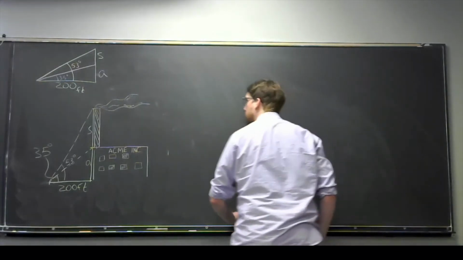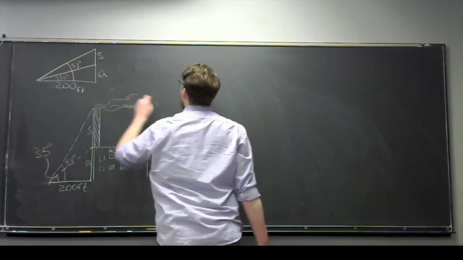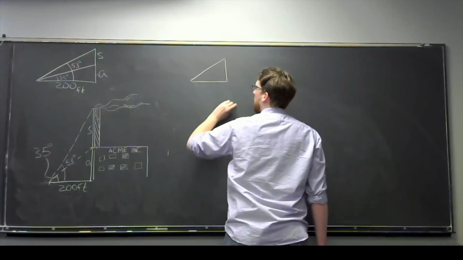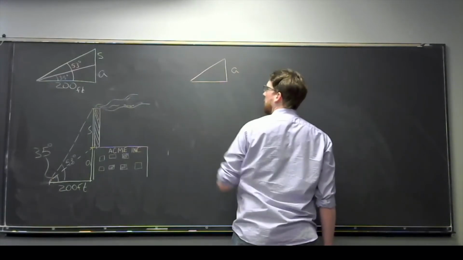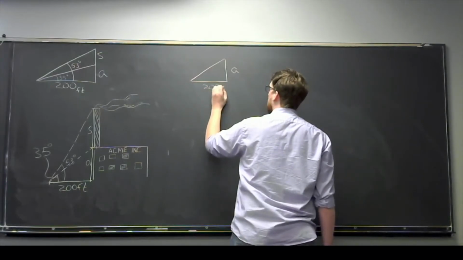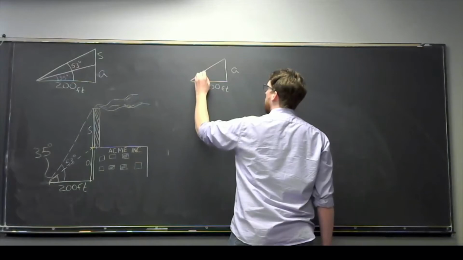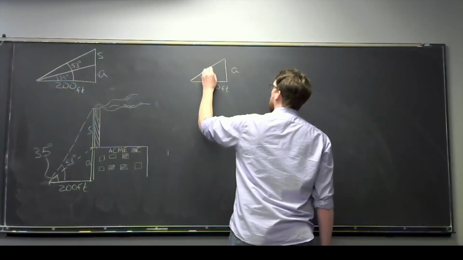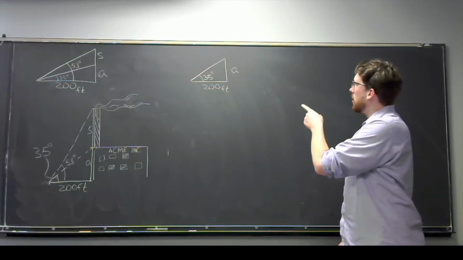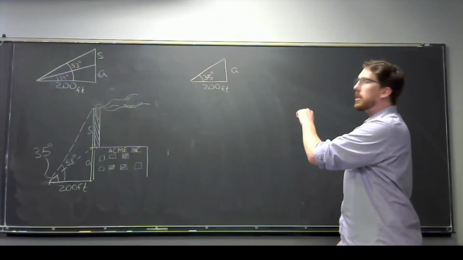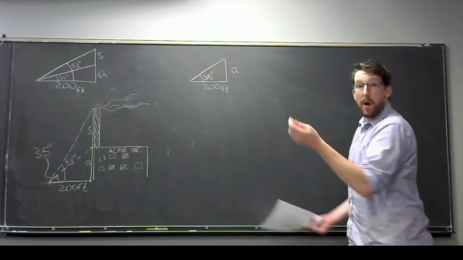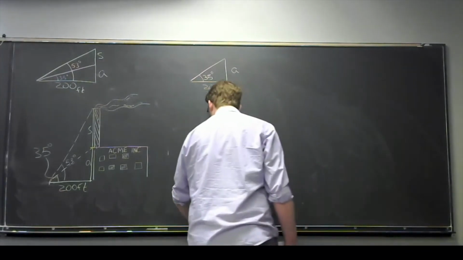In particular, what we can do is say, all right, this smaller triangle: this is going to be A, this is going to be 200 feet, and this is going to be 35 degrees. Well, if I want to find A, that's the opposite side from my angle. And I know the adjacent side, so I can use tangent. Let's apply tangent.